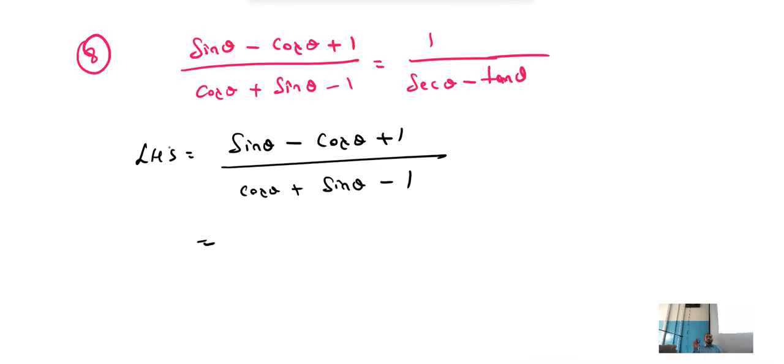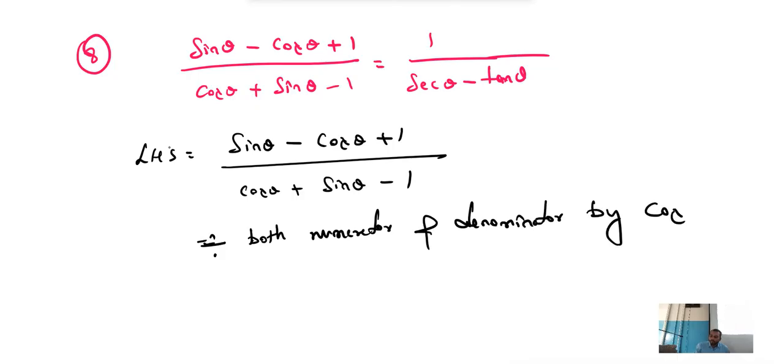Now we have to change sin and cos into secant or tan, so what should we do? We know that sin by cos is tan. What we have to do is divide both numerator and denominator by cos theta.